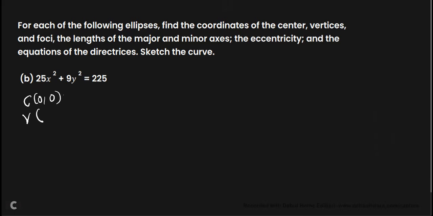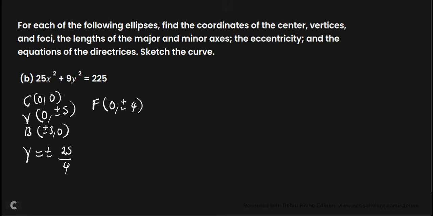The vertex in that situation we had is 0 comma positive or minus 5. The co-vertices were what? Positive or minus 3, 0. And then what else? The directrix. Remember that it is moving in the y-axis, so it will be positive or minus 25 over 4. Then what else? The focus. The focus was 4, so it will be positive or minus 4.